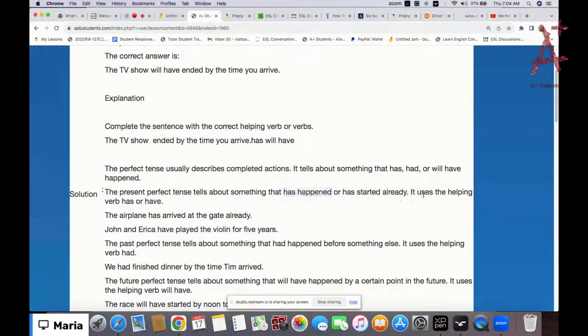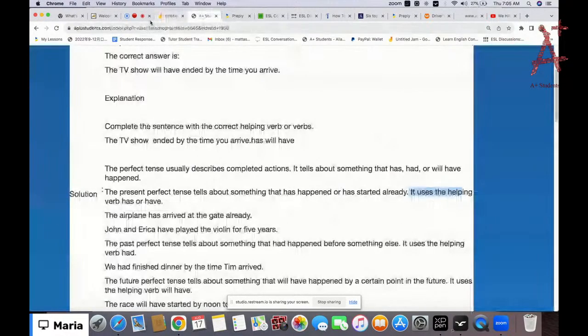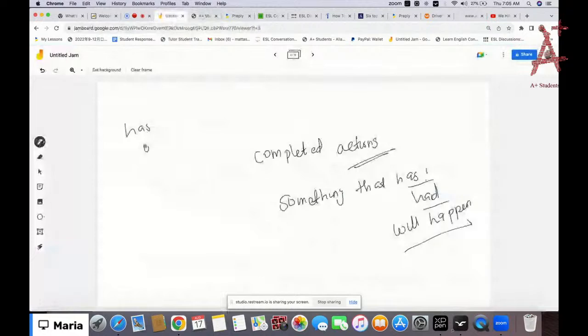Okay, so it uses the helping verb has or have. Take note of it. Okay, present perfect uses the helping verb has or have.